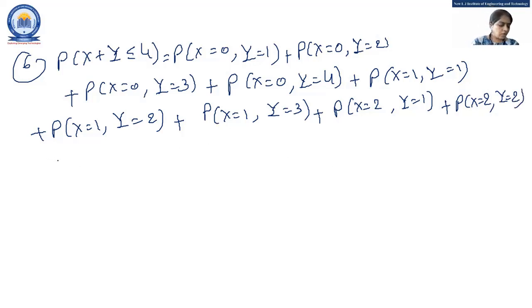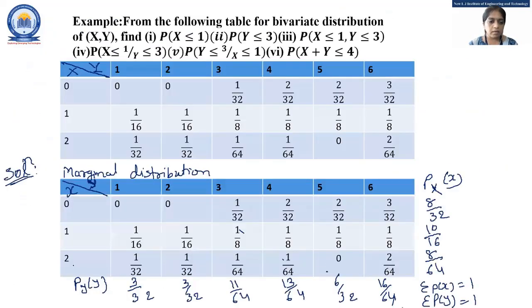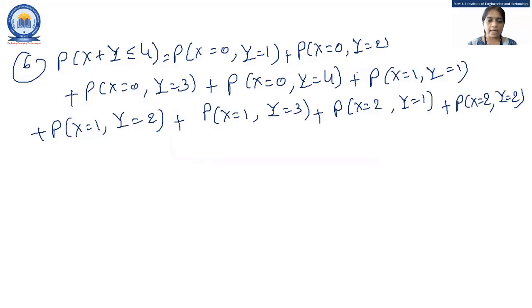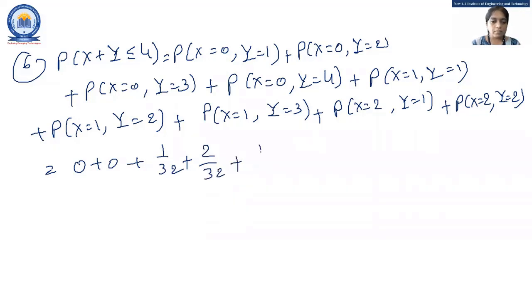Next one. Value of x is just 0, 1 and 2. See here, right? So we cannot take more than 0, 1 and 2, right? So here all possibility for x and y are here. Okay. So if I substitute the values here, 0 plus 1 by 32 plus 2 by 32 plus 1 by 16 plus 1 by 16 plus 1 by 8 plus 1 by 32 plus 1 by 32.